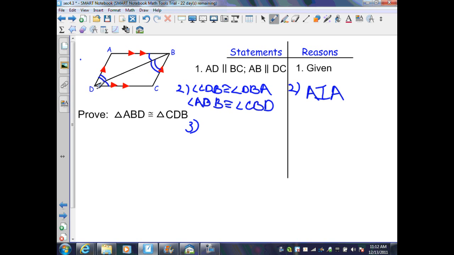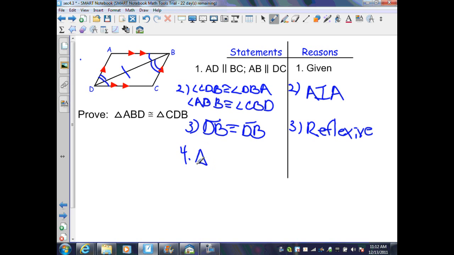Step 3, I have segment DB congruent to itself. And the reason being the reflexive property. Therefore, I can now state that the triangle ABD is congruent to triangle CDB.